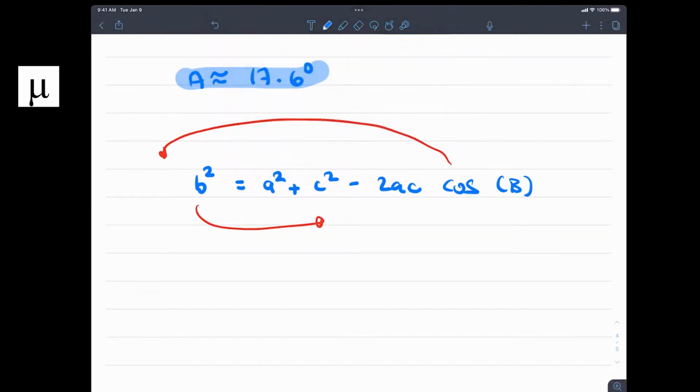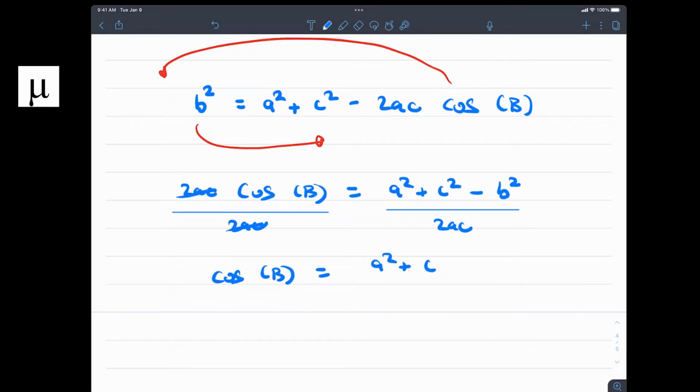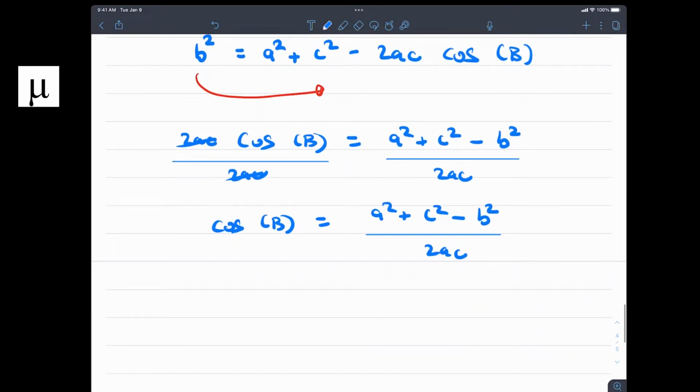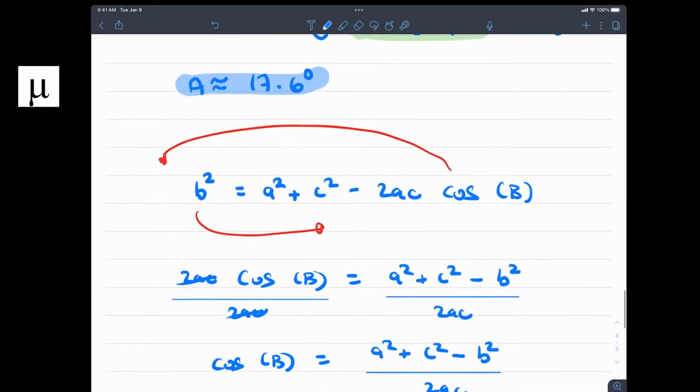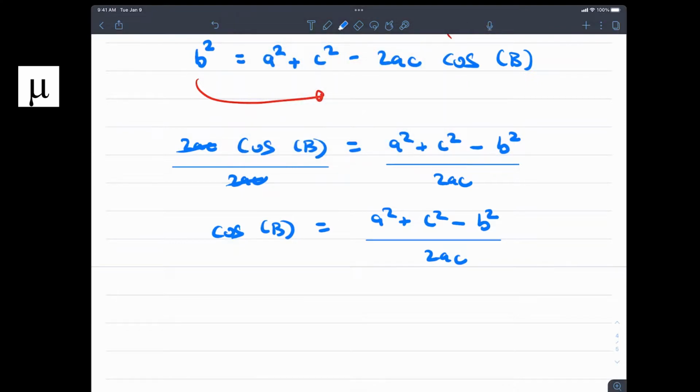You get 2ac cosine b, which is a squared plus c squared minus b squared divided by 2ac. This is angle what? Angle B. You guys okay with that?